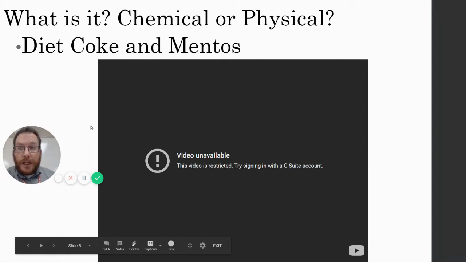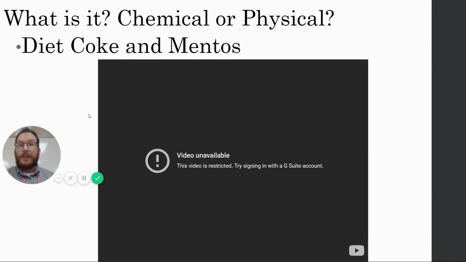It's a physical change, and the reason for that is because when you drop the Mentos in, all you're doing is creating a place that allows the carbon dioxide to come out very quickly. Now, when you open up a 2 liter of Coke, you automatically already start to get fizzes. The fizz is actually literally carbon dioxide that has been pushed so hard into the liquid that it is dissolved into the liquid.